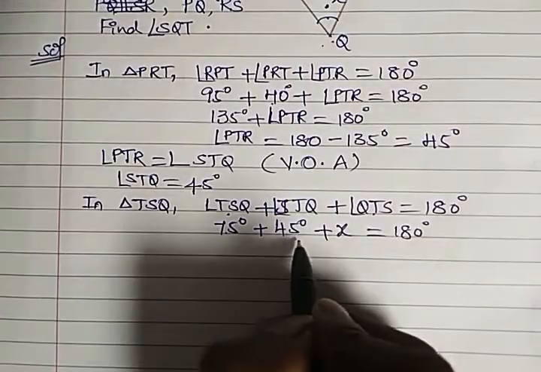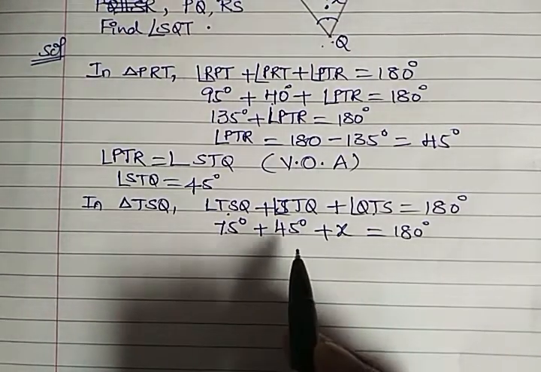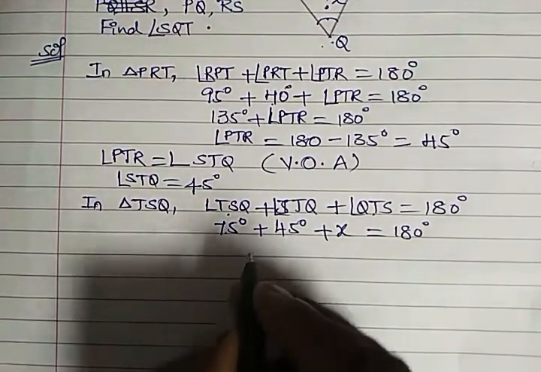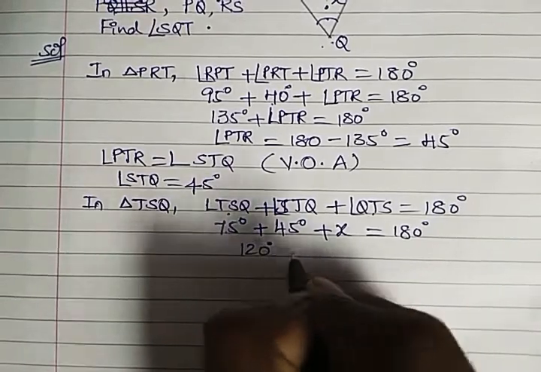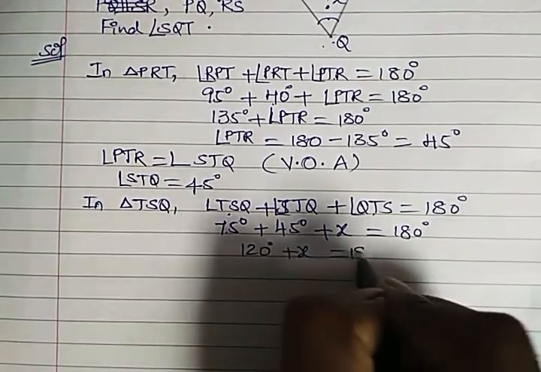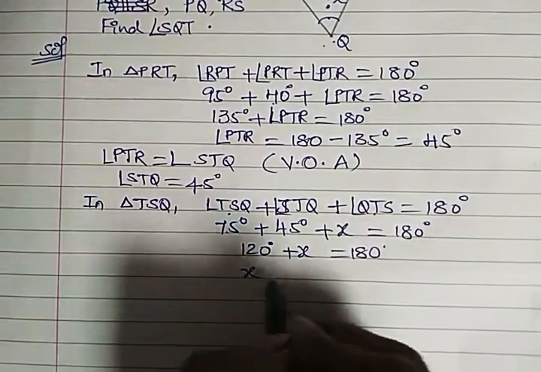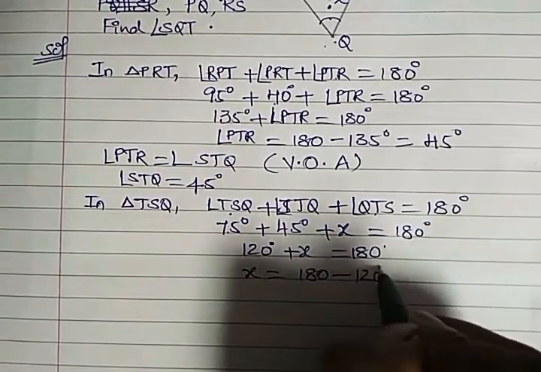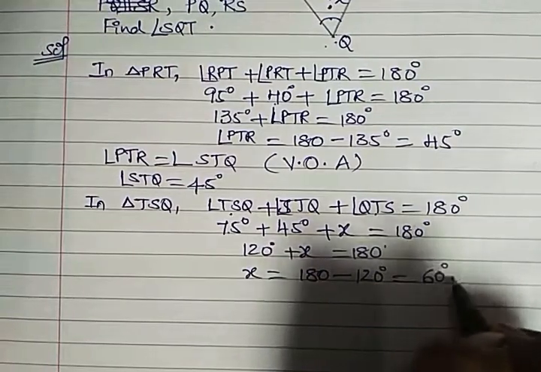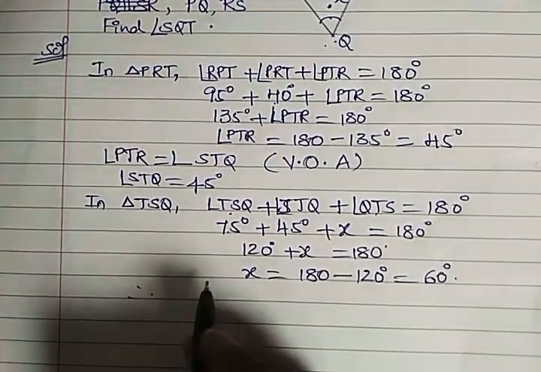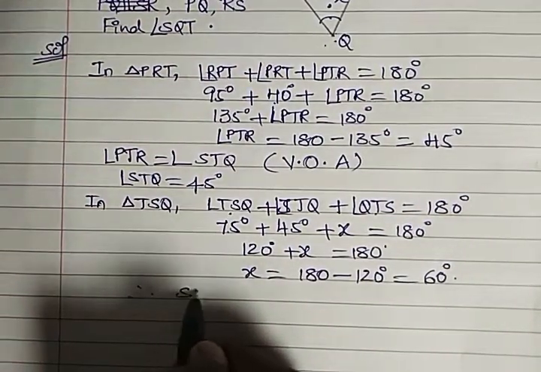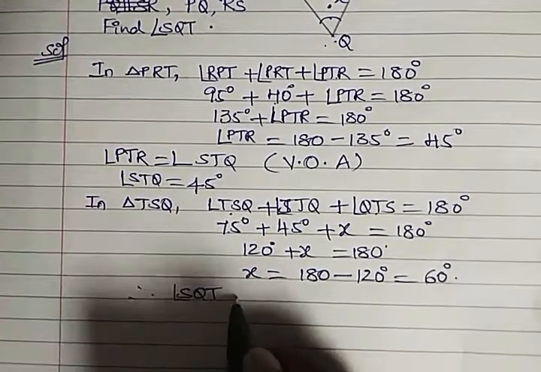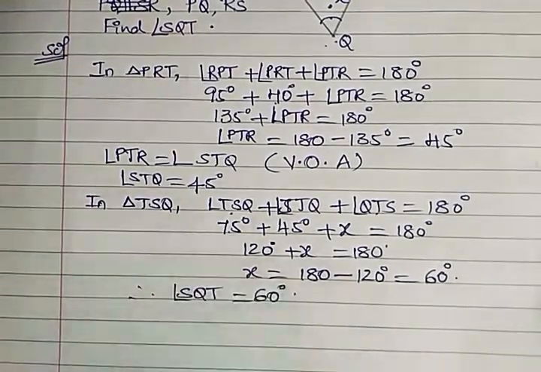Therefore 75 plus 45 is 120 degrees, plus X is equal to 180. Now we need only X, so X is equal to 180 minus 120 degrees, which is equal to 60 degrees. So SQT, which was asked in the question, is equal to 60 degrees.